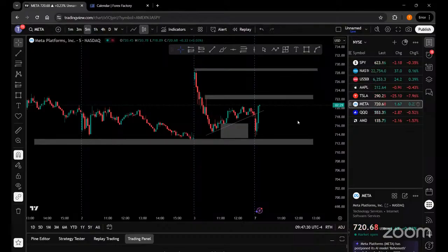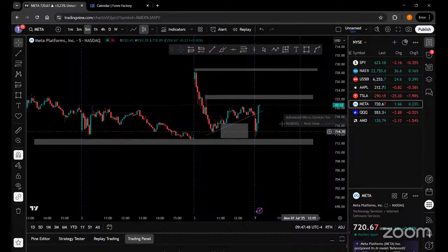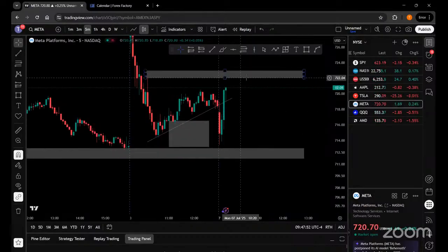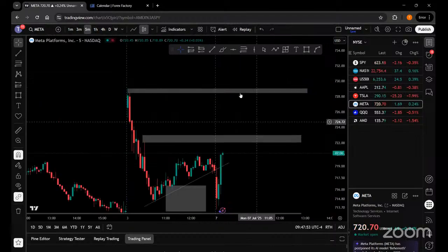That's the outlier, because this is not normal. While other scripts are going downside, Meta is going upside. It might be because NAS 100 is also going upside, so it is highly correlated with NAS 100 and less with SPY. So as I told you, the expected level is breaching up till 720, and you can also expect the 730 level to be taken care of.